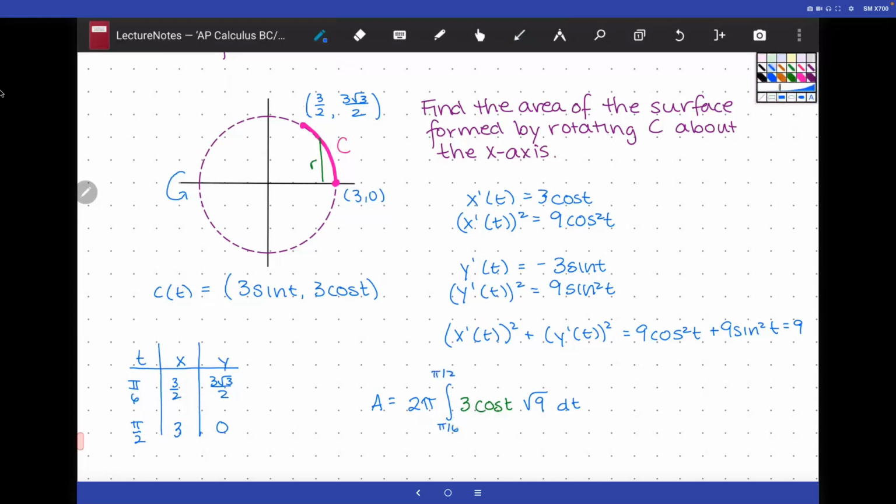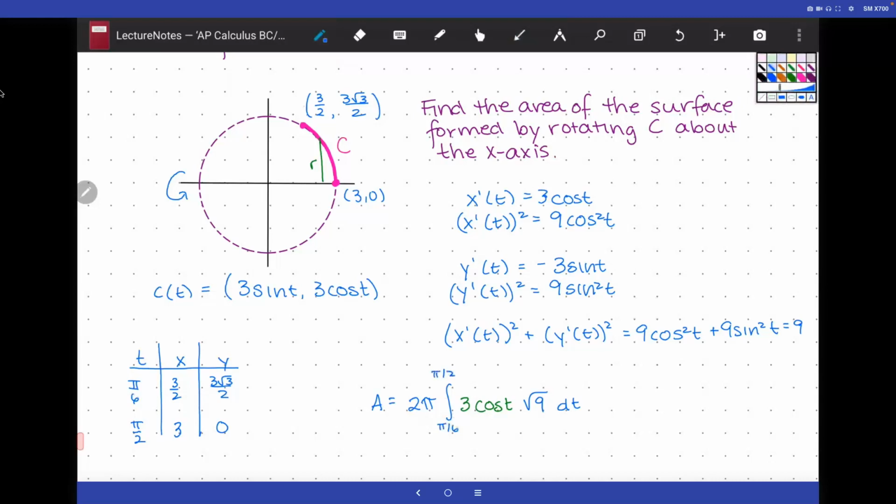But remember, I didn't have to plug in pi over 6 to get this to work. Couldn't I have also plugged in negative 11 pi over 6? That would give me the same points. So how do I know which one to use? This one just seems more obvious, but if I did negative 11 pi over 6, I could start up there, but I might be going the other way around the circle. I'm not saying it happens this time, because I think it's just going to make us go around a couple of times.